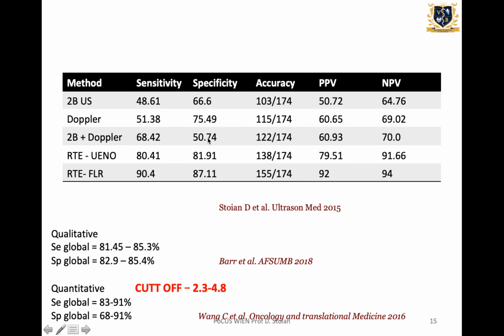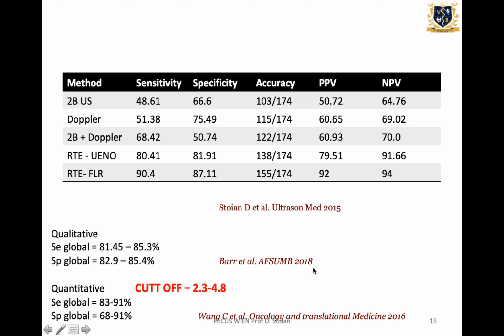So when dealing with numbers, when we have conventional ultrasound combined with elasto, both qualitative and quantitative, we will have an increase in sensitivity and specificity compared with conventional ultrasound.